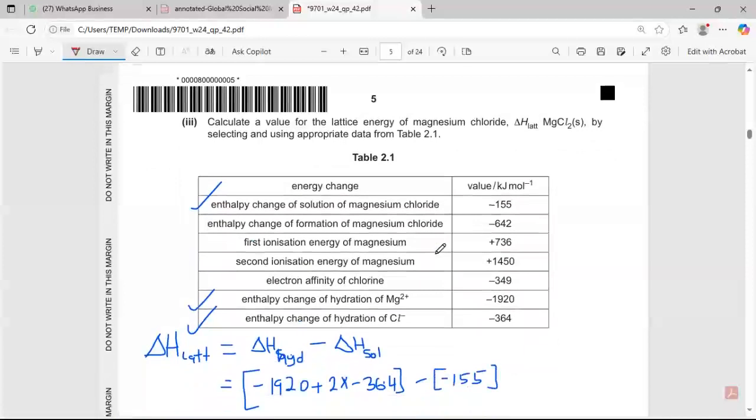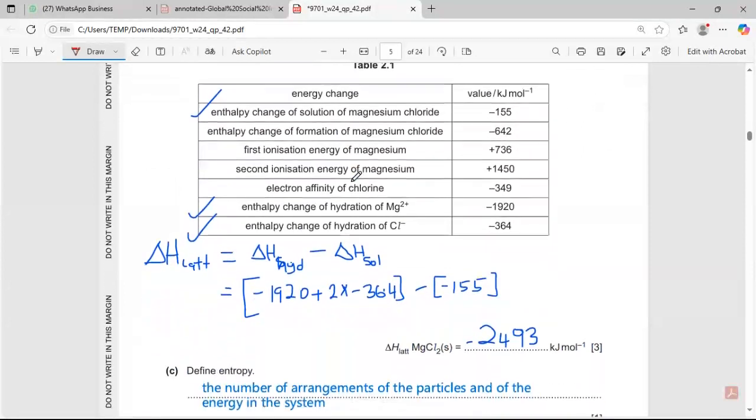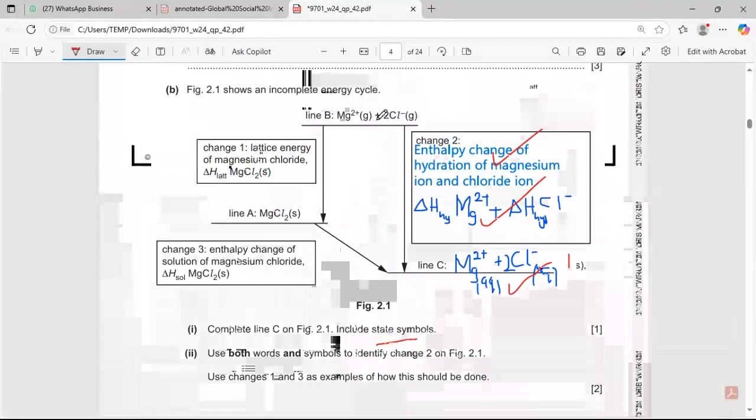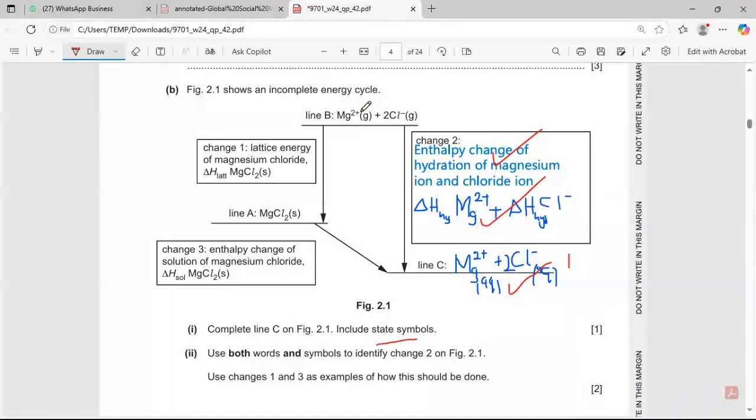Next, question Roman 3 says calculate the value of lattice energy of magnesium chloride by selecting and using appropriate data from this table. So this is a table that will help you to answer the question. What do we need? We need the lattice energy of magnesium chloride, which you are going to calculate.